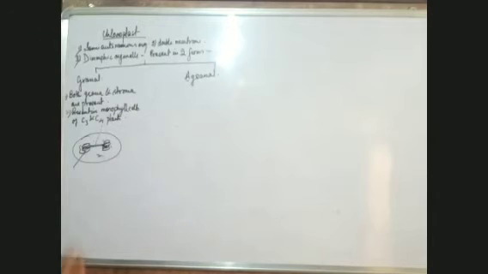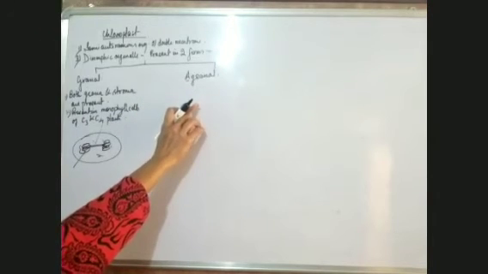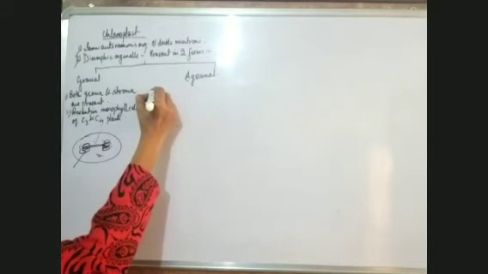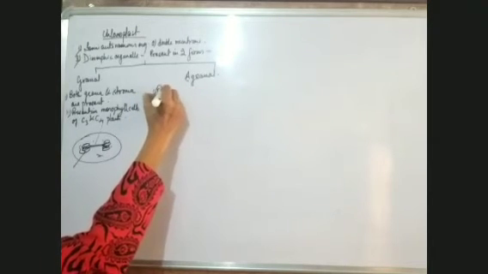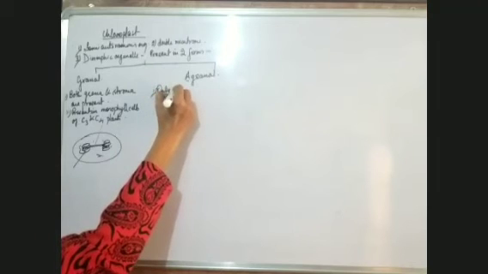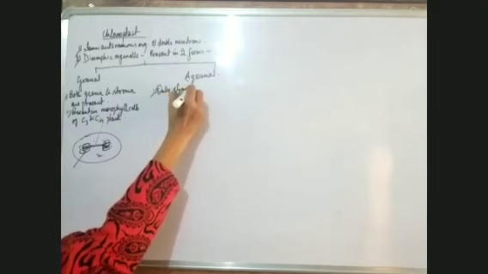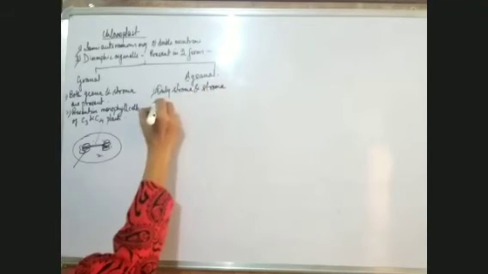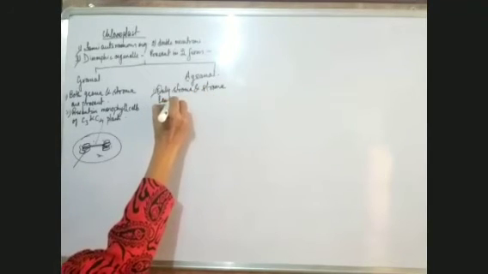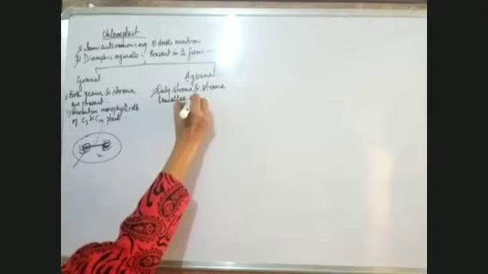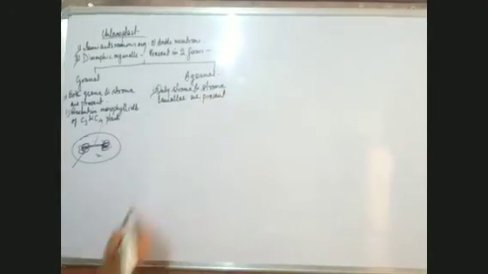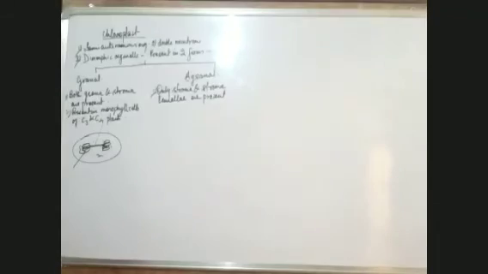Now, agranule, as the name indicates, is without grana. So it has only stroma and stroma lamellae. This is agranule. Now, where is this chloroplast present?